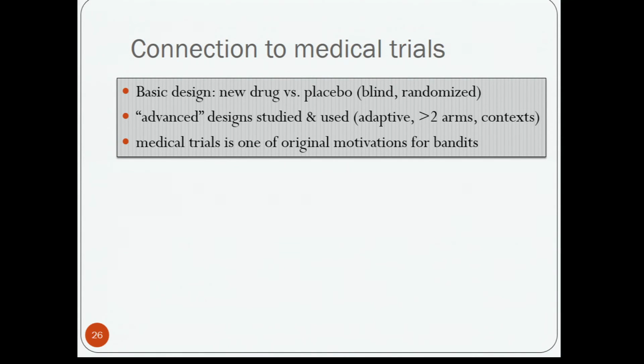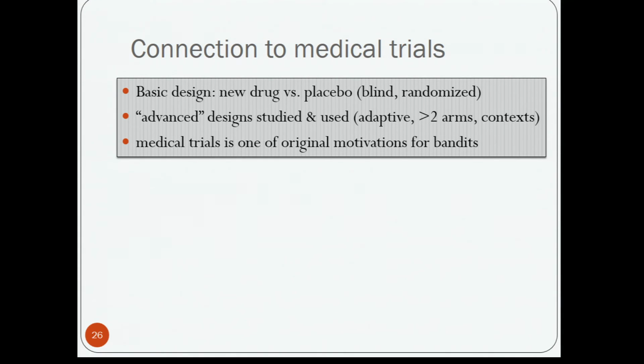So you see, the basic design of a medical trial is, okay, you have a base treatment, as opposed to a new drug, or maybe a placebo or a new drug, and the patients are blindly and randomly assigned into one of the treatments, right?